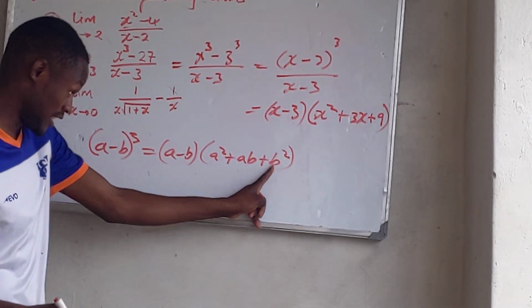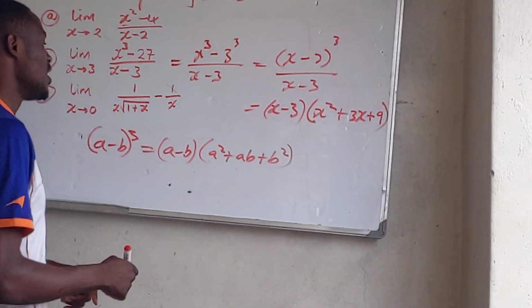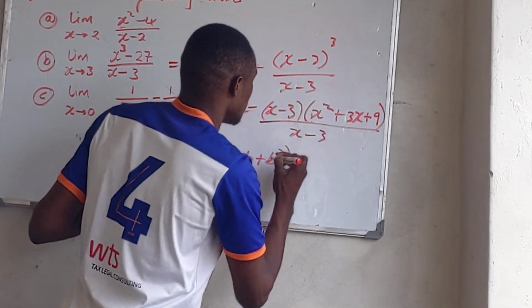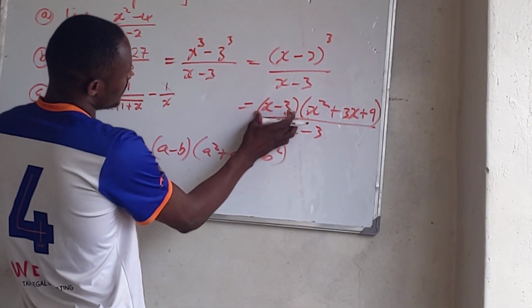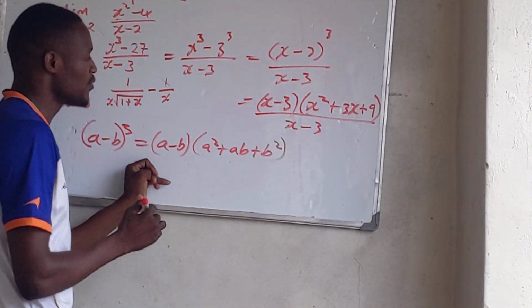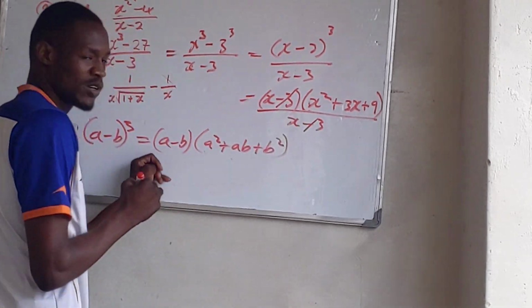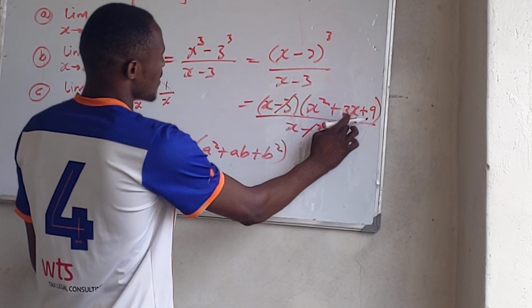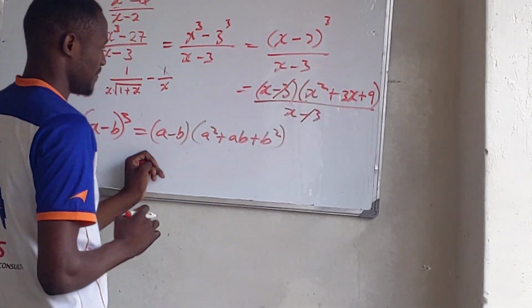Because it is 3 squared, it is 9. From there, we say over x minus 3. We have x minus 3 here and x minus 3 there. These two are going to cancel out. When they cancel out, we will remain with x squared plus 3x plus 9.